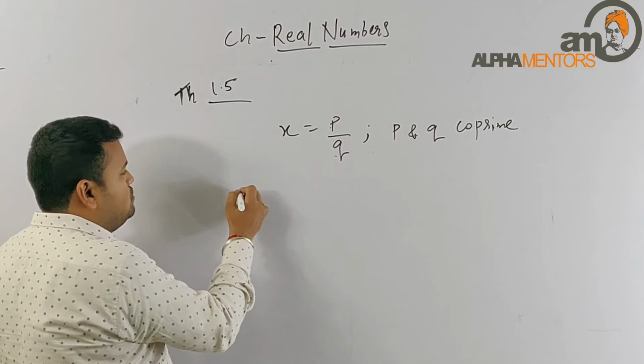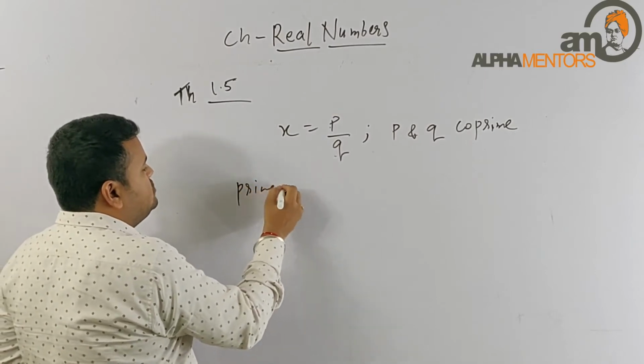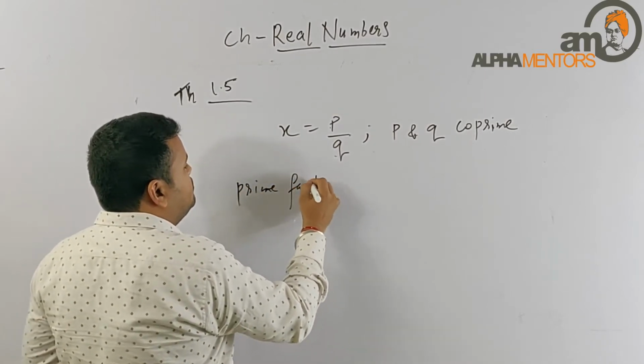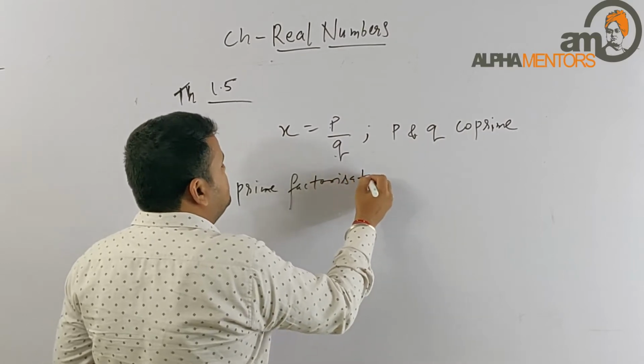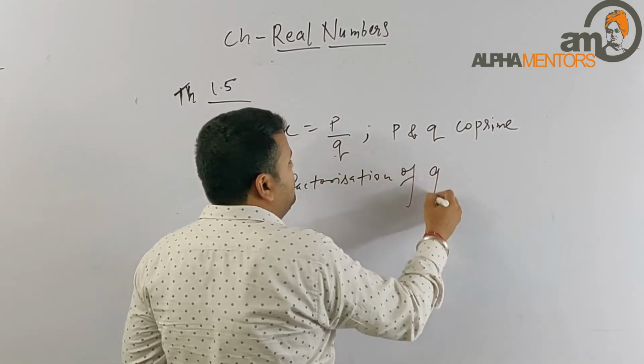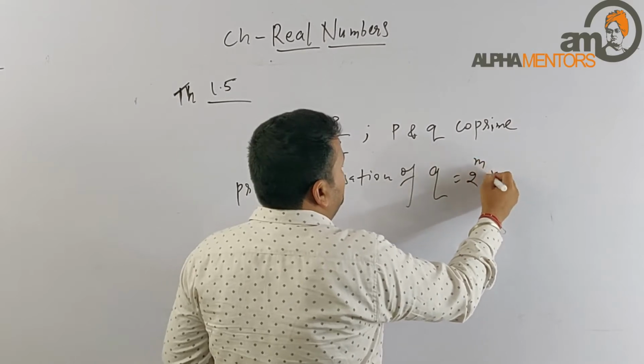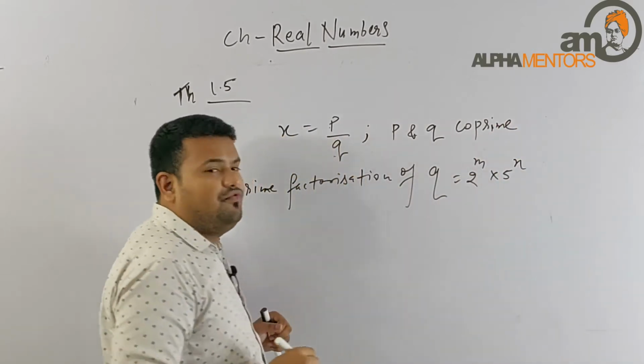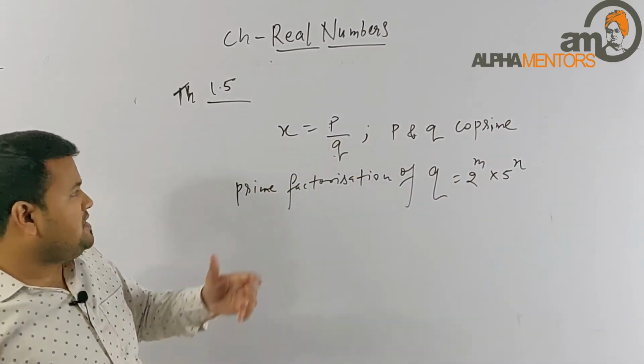So what will we do? Prime factorization. Prime factorization of q is equal to 2 to the power m into 5 to the power n. What am I trying to explain?